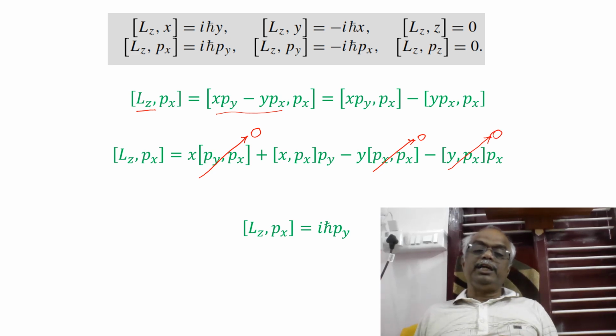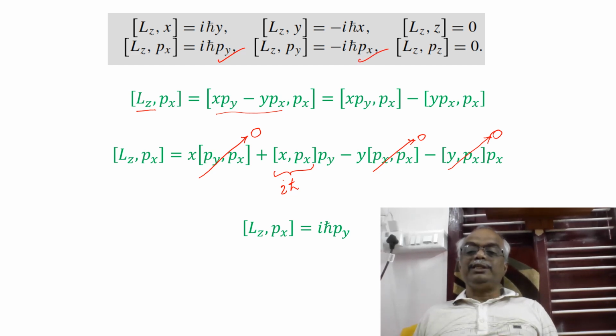So the only commutator left is [x, px]. The [x, px] is plus iℏ. So ultimately, you will get only one term, iℏ py. So the first one we have proved. In a similar manner, you can prove the second one.